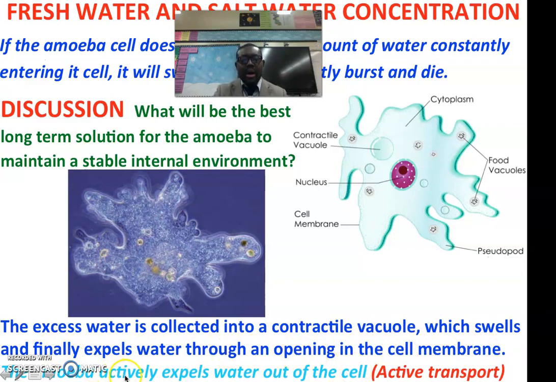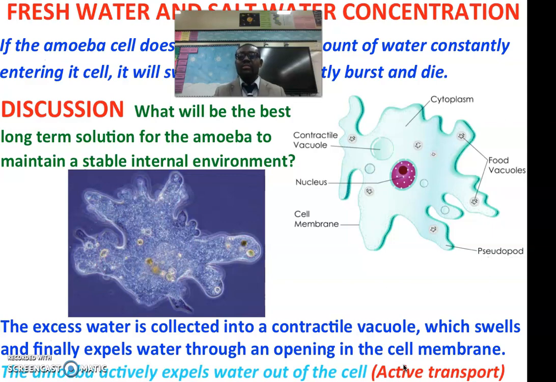So the amoeba actively expels water out of the cell through the process of active transport, because the amoeba is moving the water from regions of lower concentration to areas of higher concentration using energy, and that's active transport.